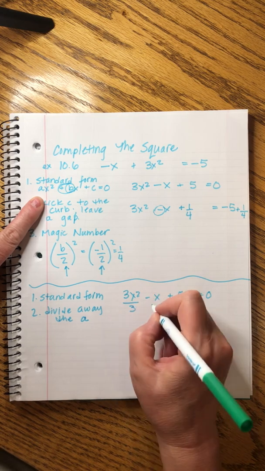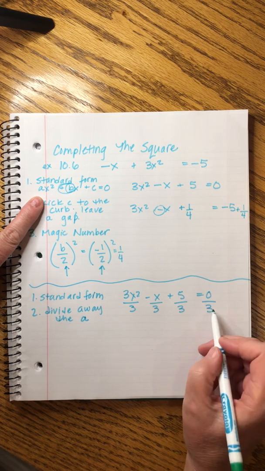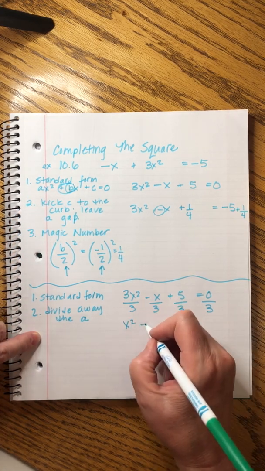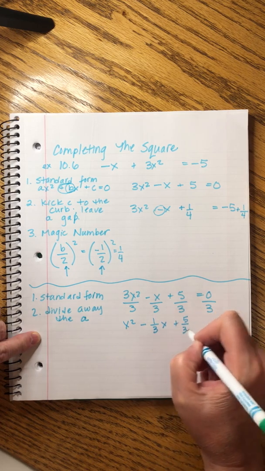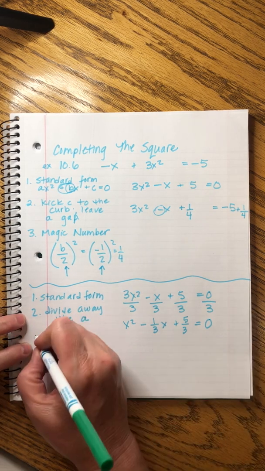So we have to divide every term by 3. This always bothered me, but it's fine. And now what we have is x squared minus 1/3 x plus 5/3 equals 0. That always bothered me that it doesn't really change the other side, but it's fine. Trust me. Now we kick c to the curb.